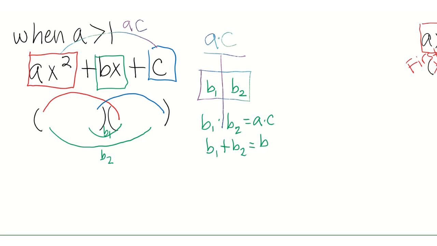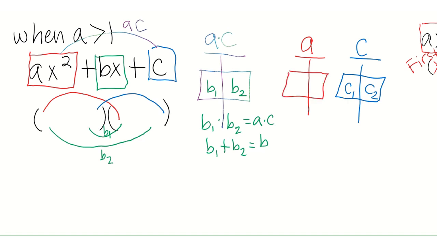Now I have to figure out what to do with the A and the C. So then what I'm going to do is I'm going to factor my A and I'm going to factor my C. And let's just say we're going to choose factors C1 and C2. And we're going to choose factors A1 and A2.